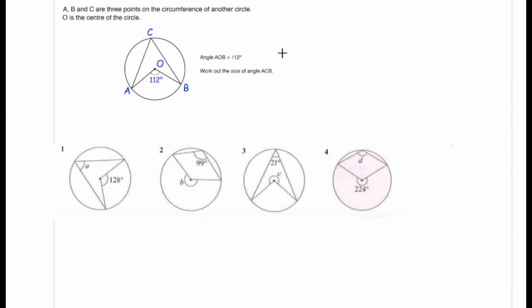So let's work it out. The solution would be: since 112 is twice the angle at C, 112 equals 2 times C. Therefore, 112 divided by 2 will be equal to C. So you see, this is how you work these angles out. 112 divided by 2 is 56.